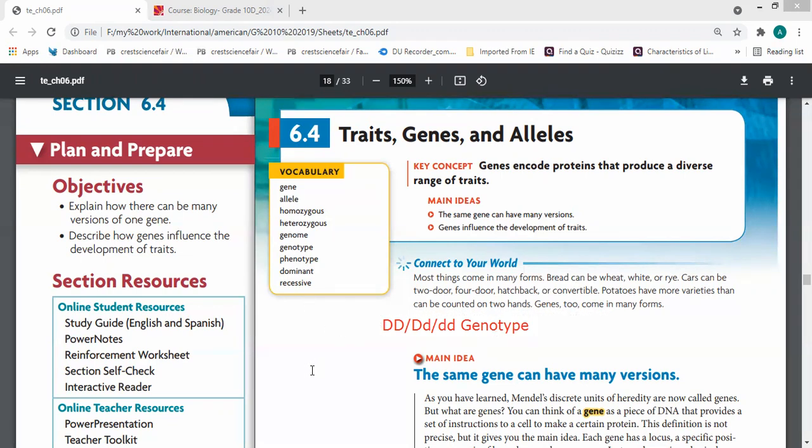Okay, the black skin color is dominant over other colors. So black skin color is dominant. We have two ways of dominant, maybe pure, maybe hybrid, right?